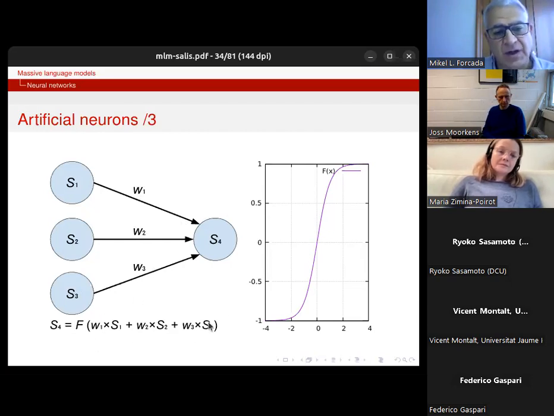So that's what we have here. So you basically add stimuli. Your final state depends on the states of the neurons around you, but it's an average or a compendium of states. We basically add these numbers.